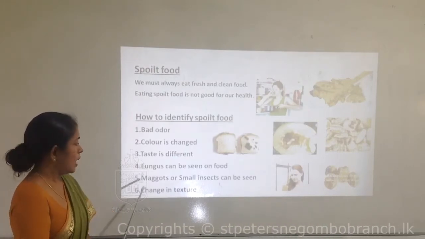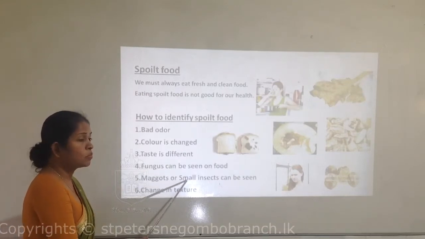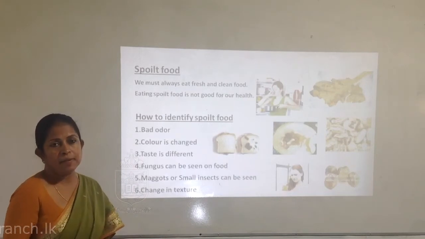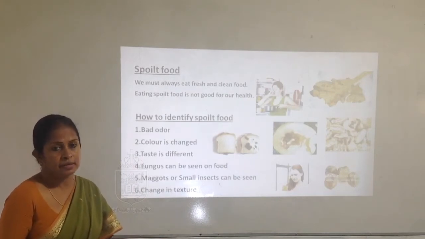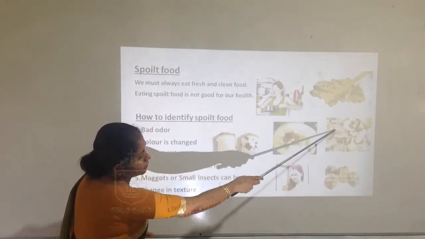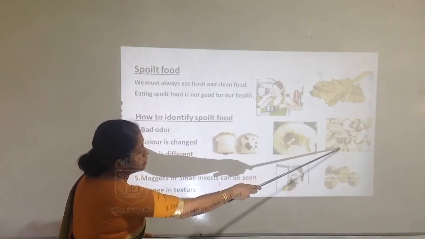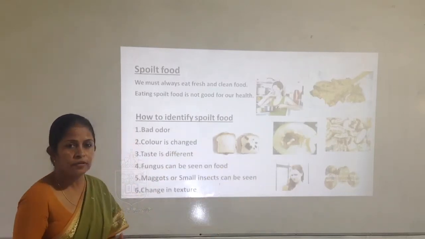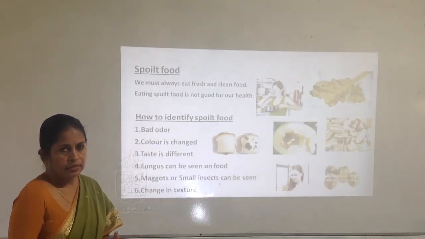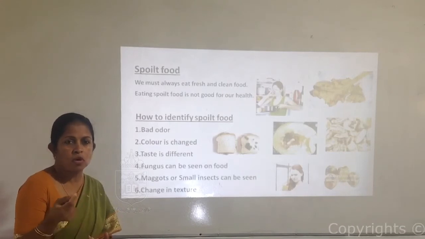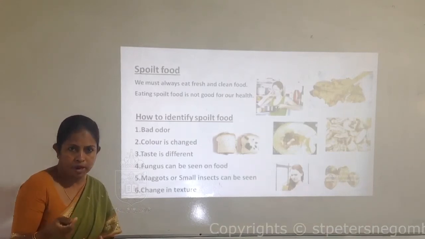Next is maggots or small insects can be seen. Here you can see small insects. When we keep a fruit a few days, we can see small insects or maggots. A white color small worm kind of thing, we call it maggots.